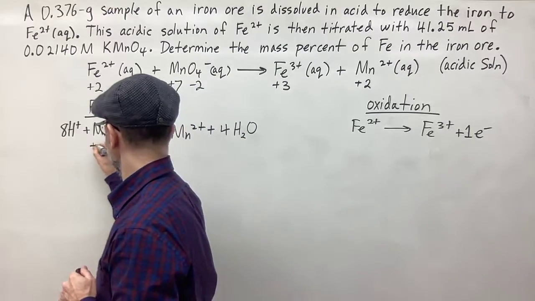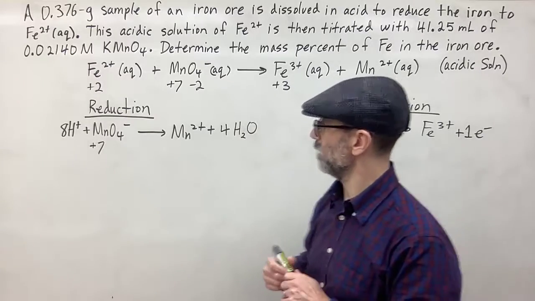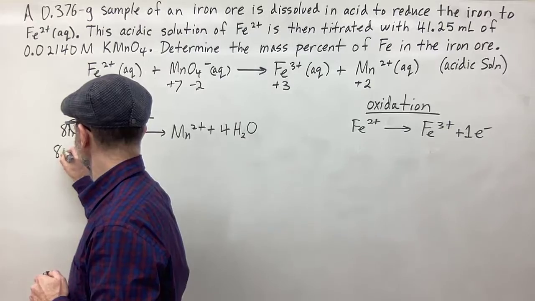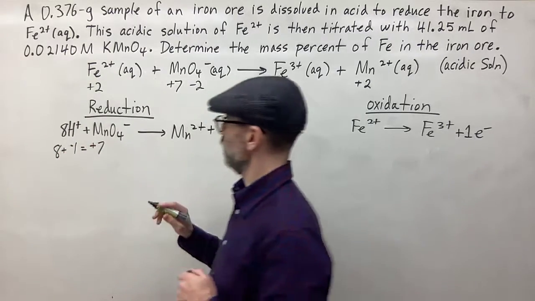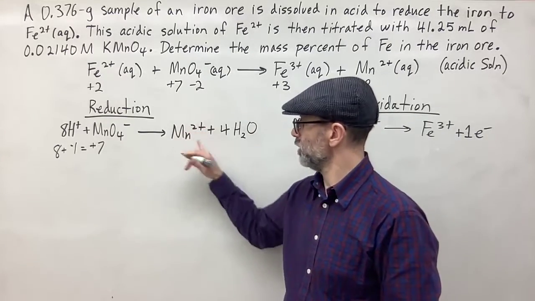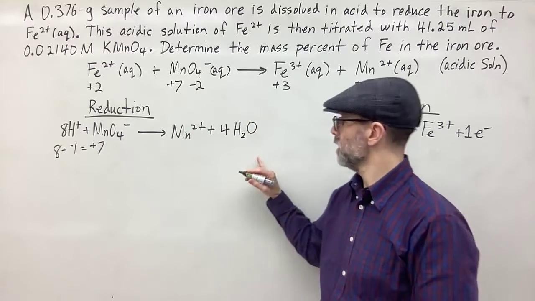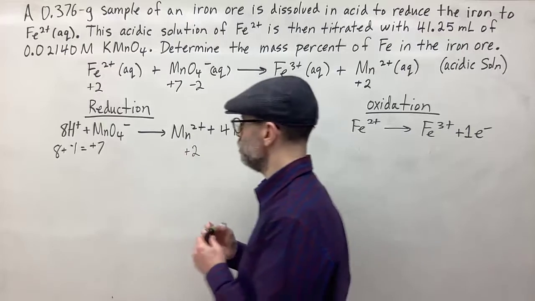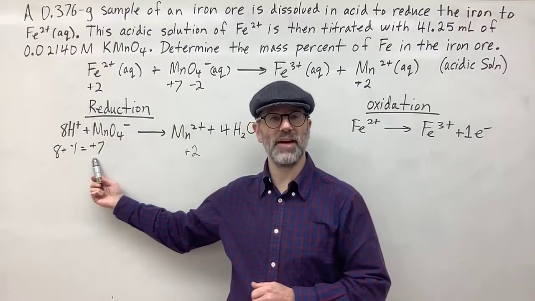So I have a plus 7 total on this side, right? Because 8 plus a negative 1 gives me a plus 7. And I have a plus 2, and then I have neutral water. There's no charge on the water. So that means on this side, I have a plus 2. So I have a plus 2 on this side. I have a plus 7 on this side.